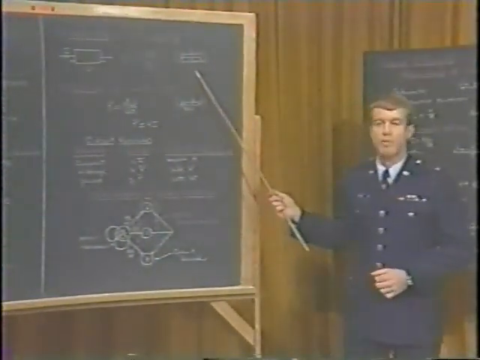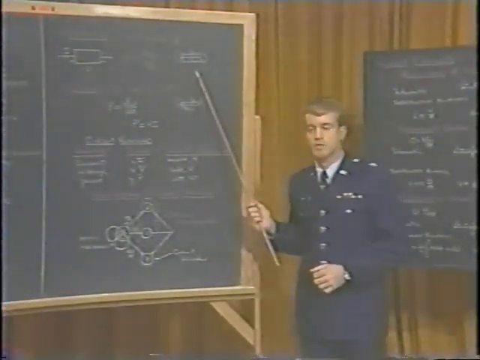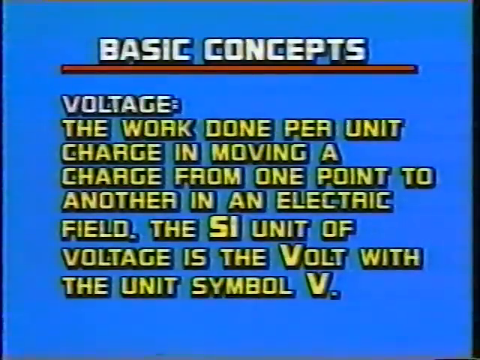The next quantity we're going to define is that of voltage. And again, it can be related to our fundamental quantities of energy and charge. As you can see from the definition, it's a change in energy per some small packet of charge as it goes from point A to point B within the circuit.